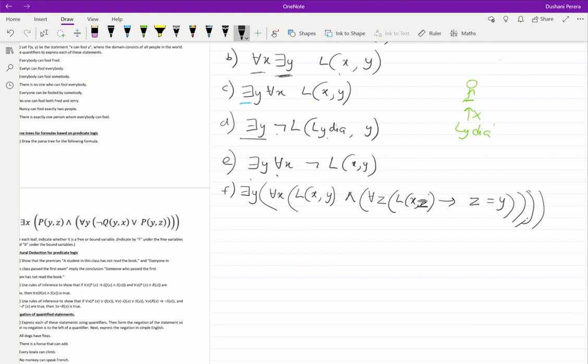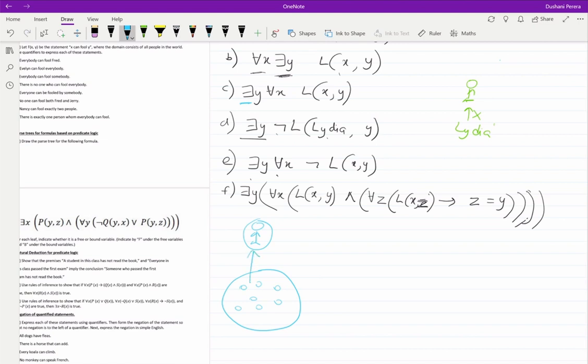I shall draw the picture again so that you will better understand it. There's one person over here whom all of the other people love. All of the other people love this person.